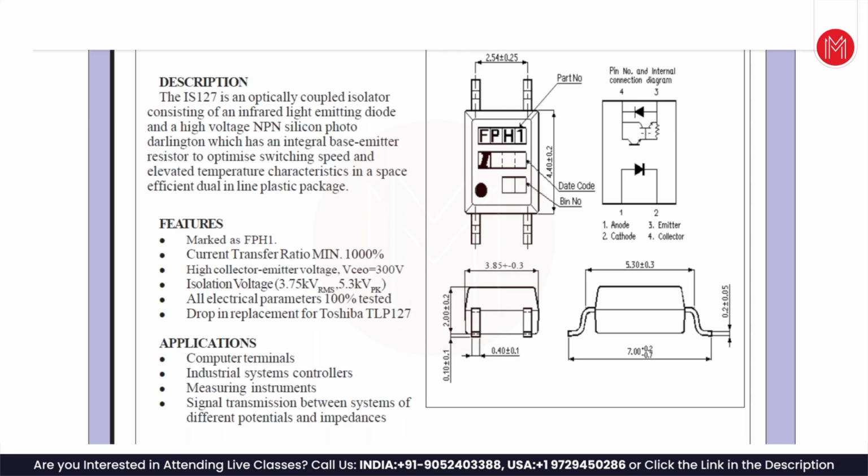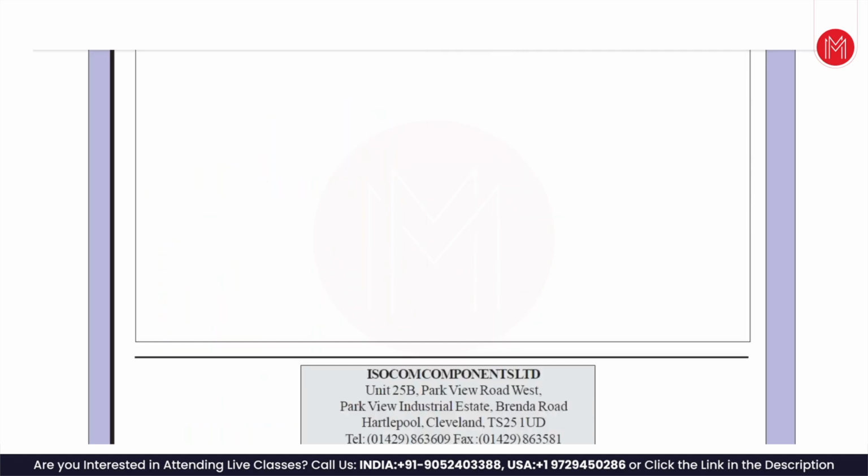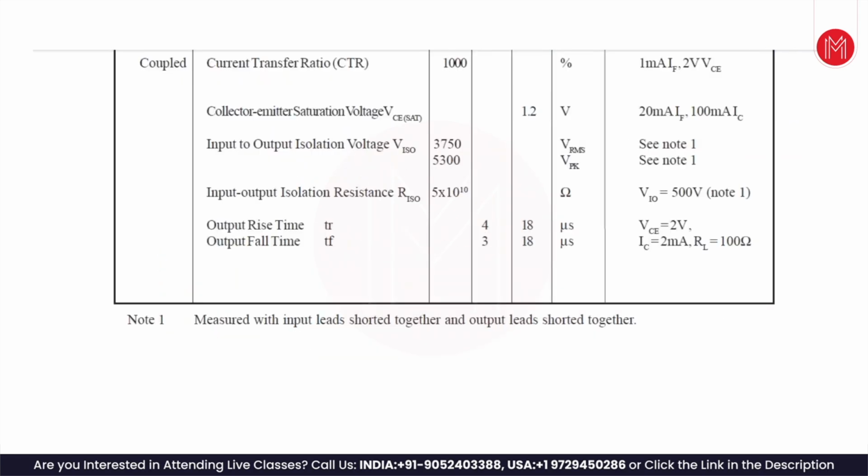The photo transistor conducts and generates voltage across these two pins. The current transfer ratio is 1000%, whatever current goes in here gets magnified 1000%, 100 times. The current itself, of course, drawn here is very little. This is an optoisolator that one can use in the circuit.